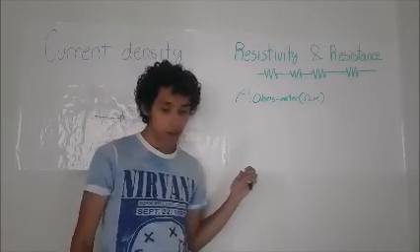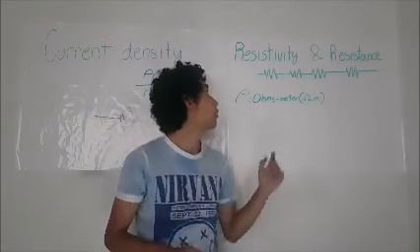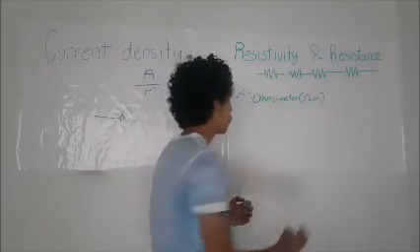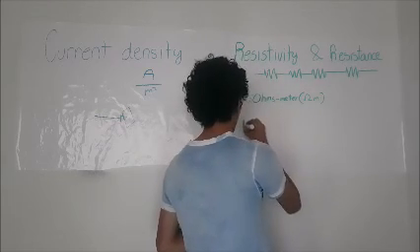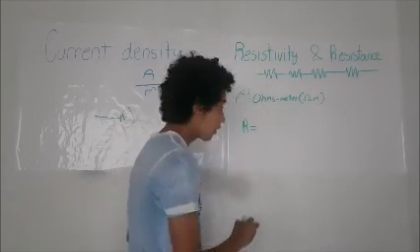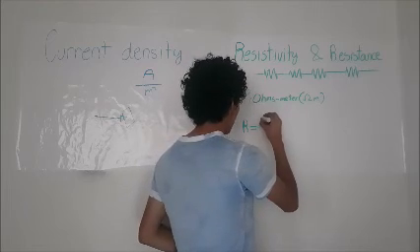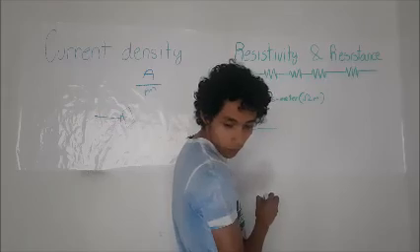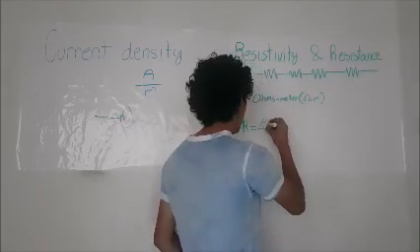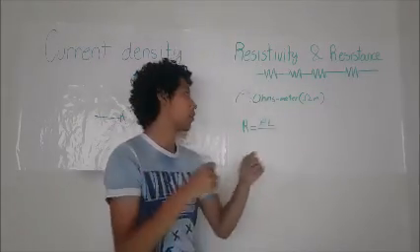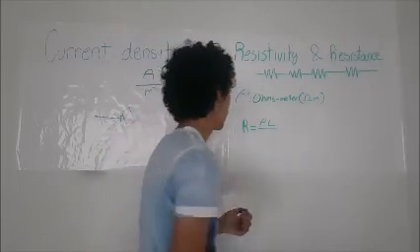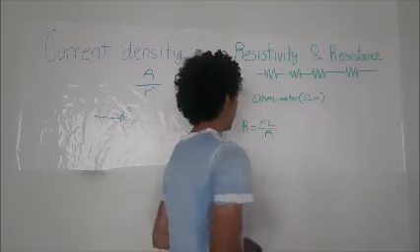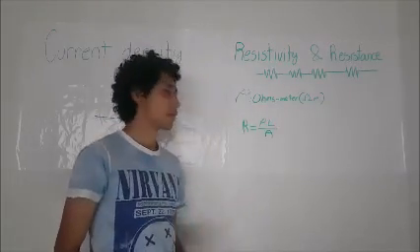And the relation between resistivity and resistance is given by the following formula. Resistance equals our resistivity times the length of our wire, or whatever we are using as a resistor, divided by the area.